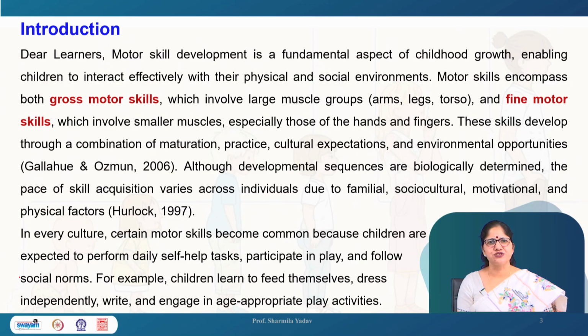In every culture, certain motor skills become common because children are expected to perform daily self-help tasks, participate in play, and follow social norms. For example, children learn to feed themselves independently. They dress independently, write, and engage in age-appropriate play activities.